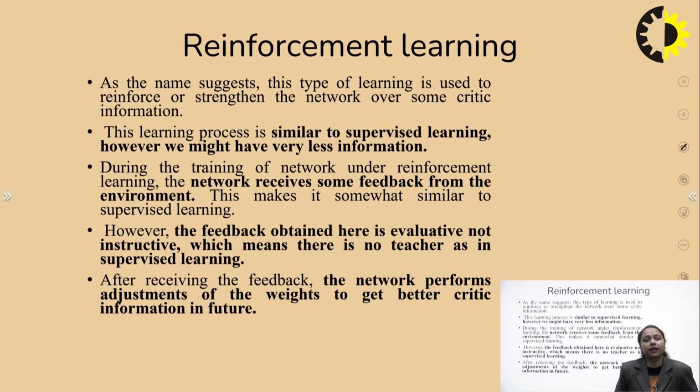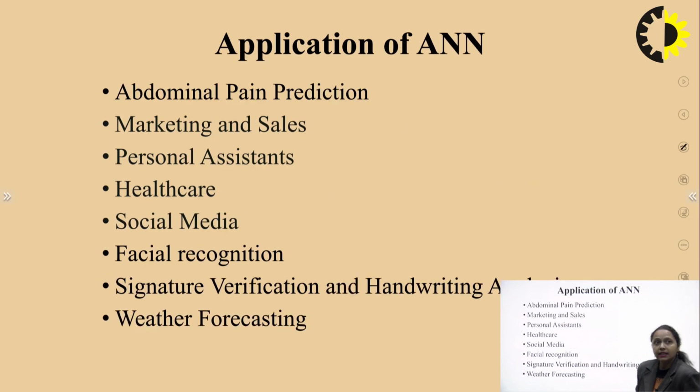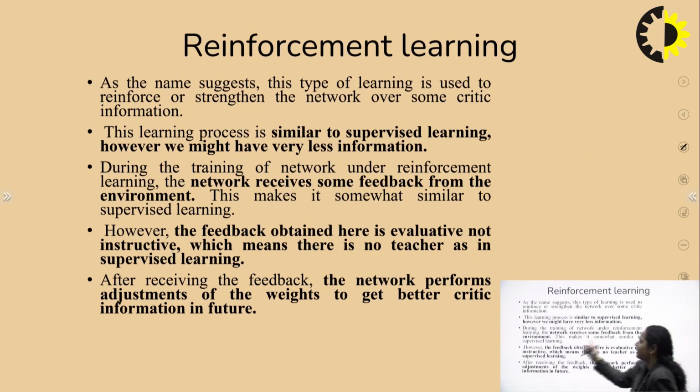Next comes reinforcement learning. Reinforcement learning works on a reward system. The feedback obtained here is evaluative, not instructive, which means there is no teacher as in supervised learning. Whatever data we receive is evaluated, and a reward is transmitted to the machine.